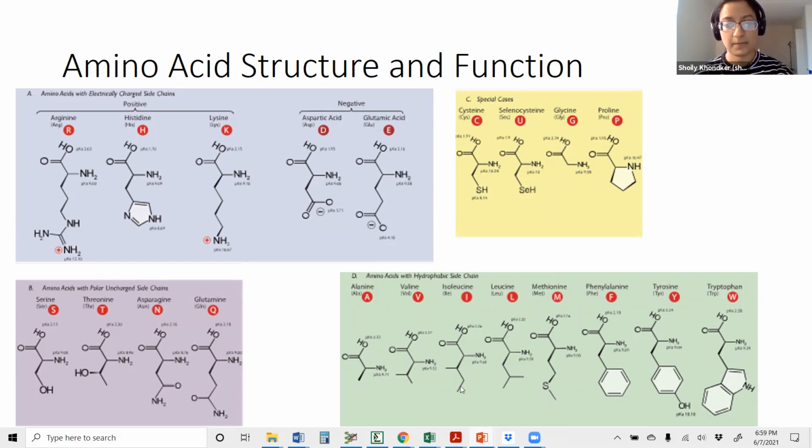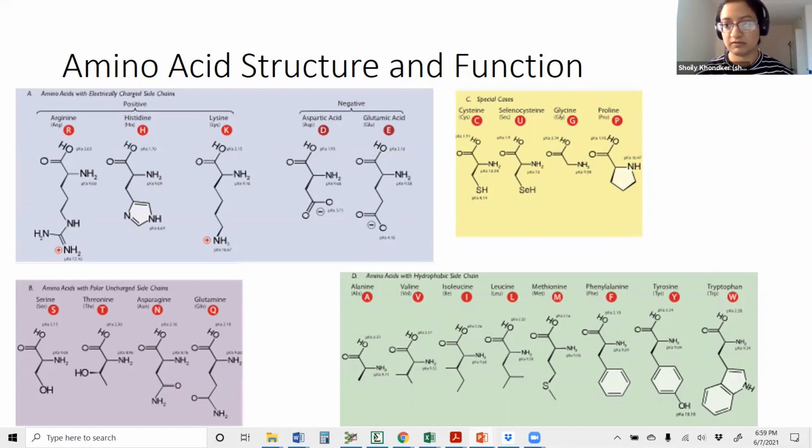So for instance, if you have a stretch of hydrophobic amino acids, that stretch of the protein is able to enter membranes, which in the cell are made of lipids. So those are also hydrophobic. If it's hydrophilic, then it's more likely to be in the cytosol.